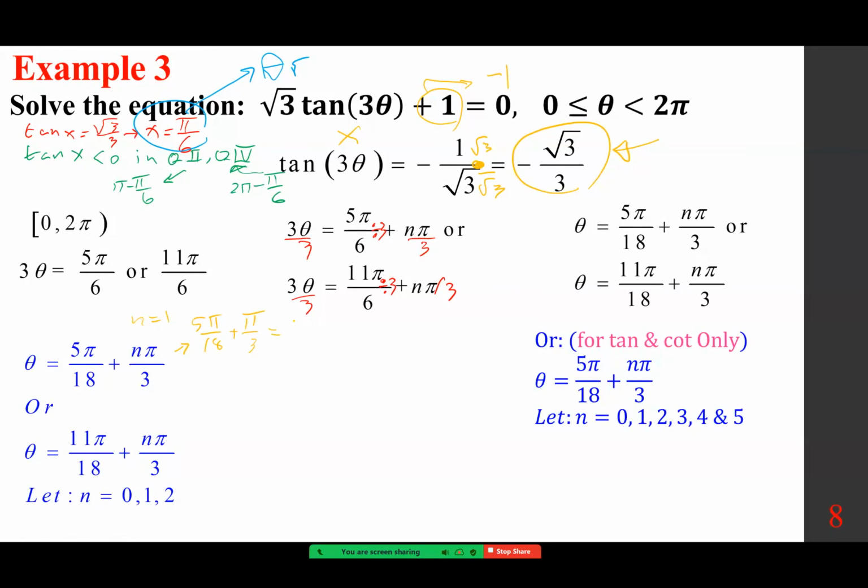Remember, pi over 3 is 6 pi over 18. So you get 11 pi over 18.